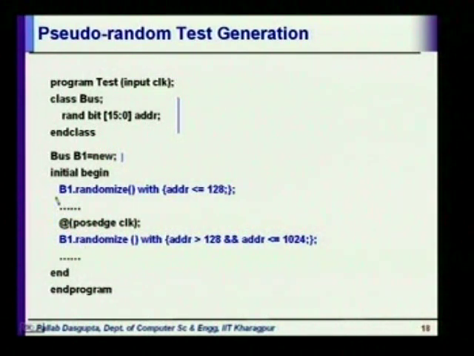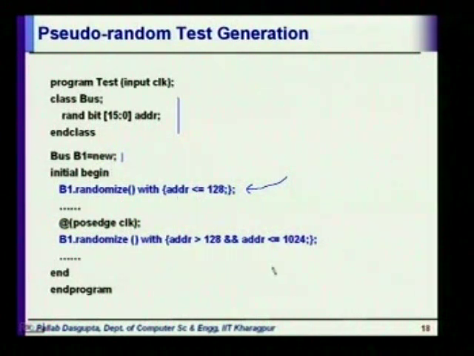Now, what this statement here is doing is that it is calling a randomize function. So, it is saying that randomize B1, okay. Now, that means that the variable that is available in B1, namely this ADDR, is going to get a random value, right? But there is a constraint. So you can specify a constraint saying that randomize this thing with ADDR less than or equal to 128, which means that it's going to pick up some random value which satisfies this constraint.